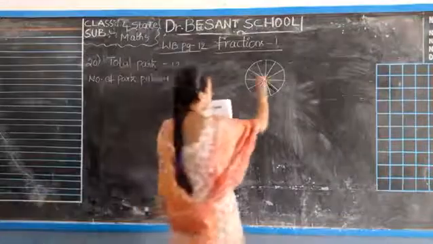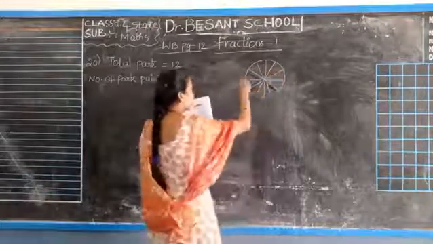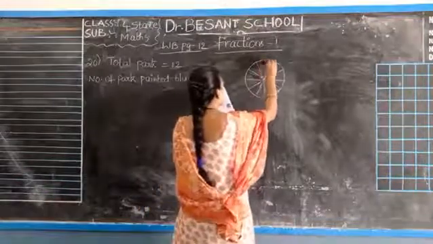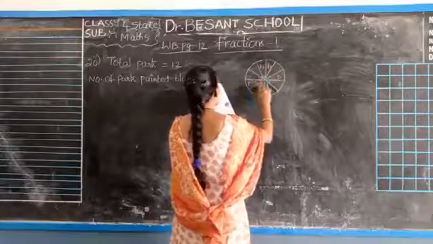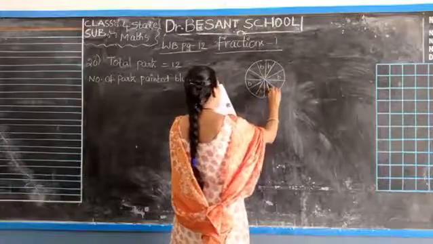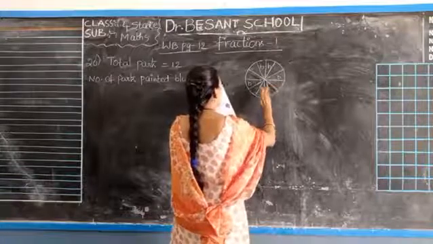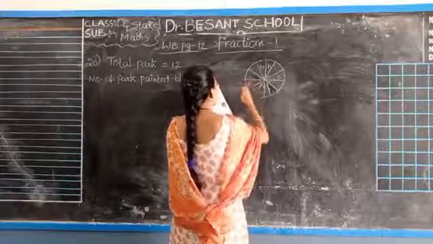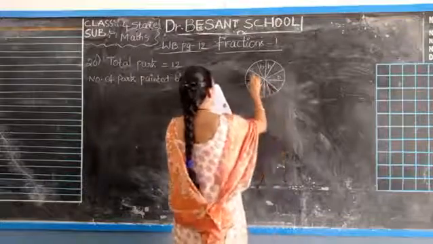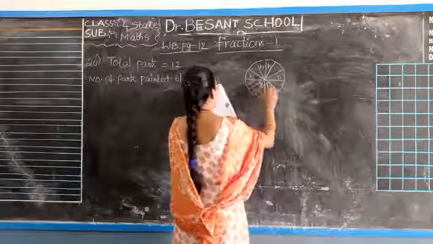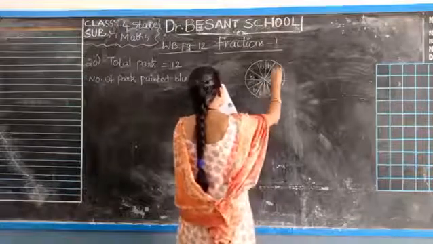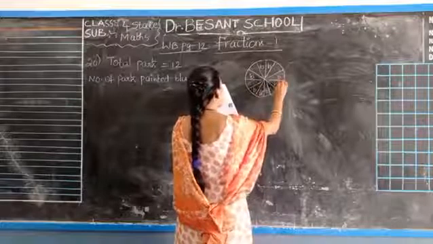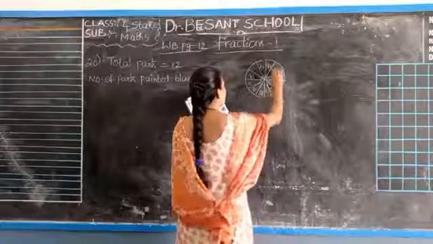You could observe here different colors in this circle. Here blue, blue, blue, blue, and blue here, blue and blue here. So this is white and this is white. Remaining all grey, no? Grey, grey, grey.